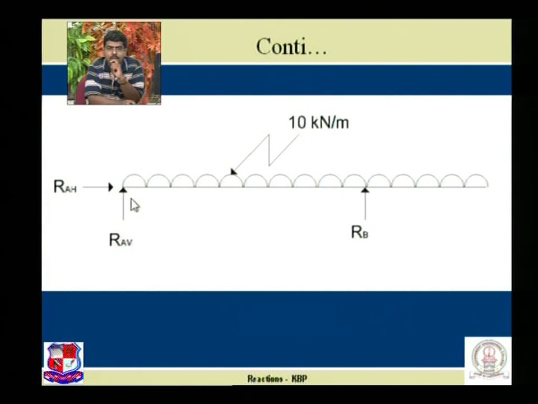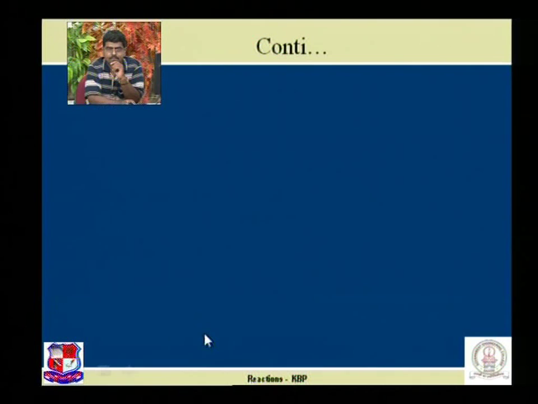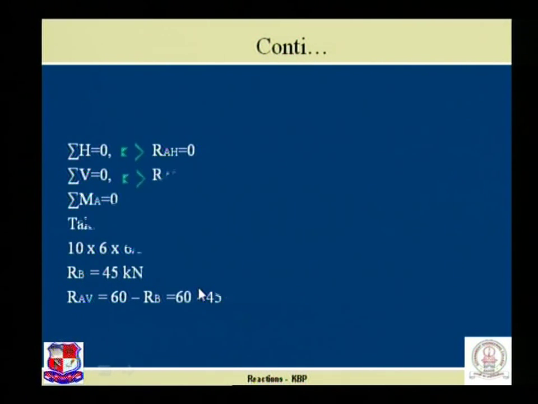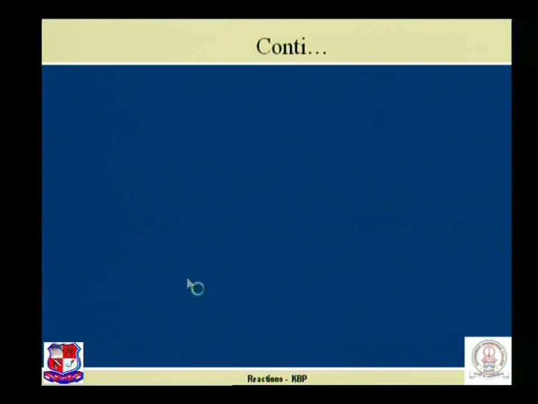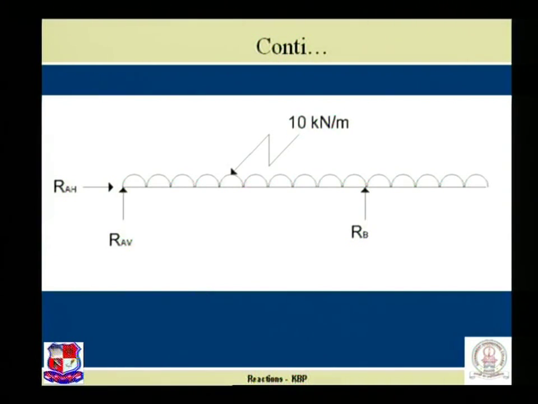At joint A, two reactions are possible, RAH and RAV, while at B, a single reaction is possible, that is RB. Now, to find out these three, let us use the first equilibrium condition. Sigma H is equal to 0, and see the previous figure. I have to draw a sketch for the explanation point of view.